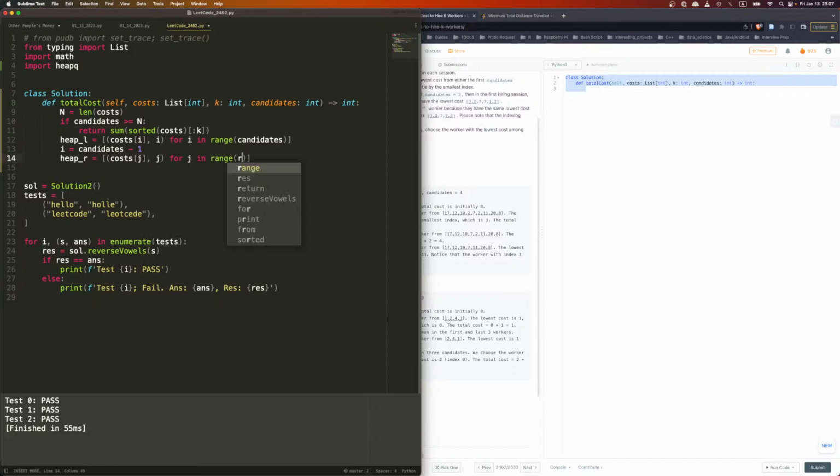with J in range, n minus 1 towards something. What's this something? Well, we shall take candidates. So n minus candidates. Actually, I don't know. Hold on. So it's 1, 2, 3, 4, 5, 6, 7, 8, 9. Right, 9. So that's 1, 2, 3, 4. So 0, 1, 2, 3, 4, 5. So position is 5.